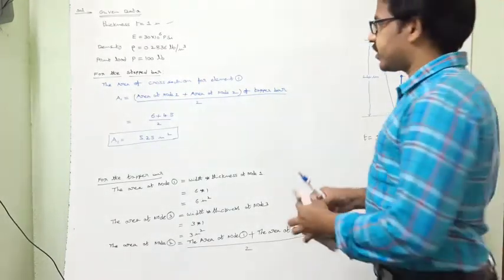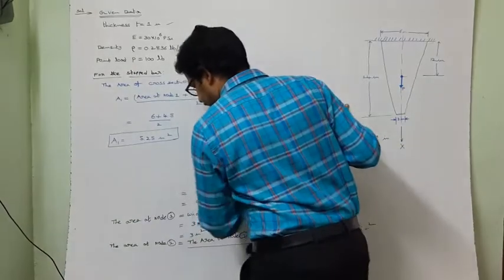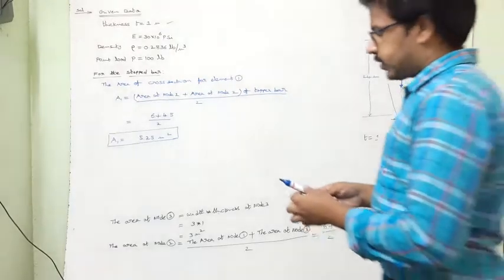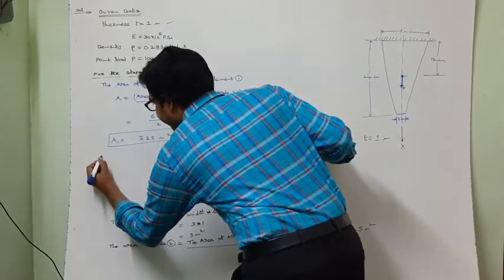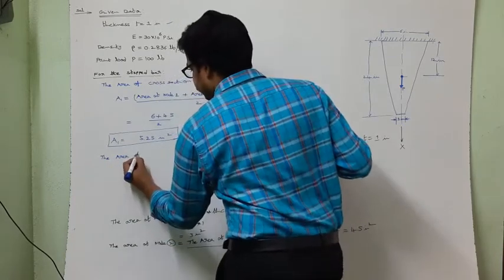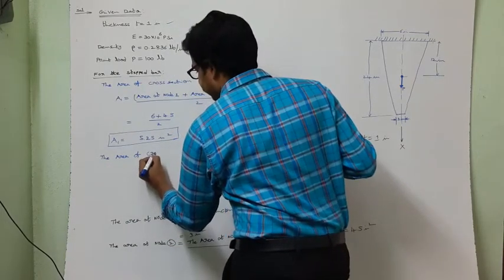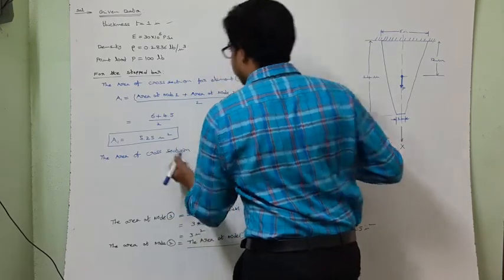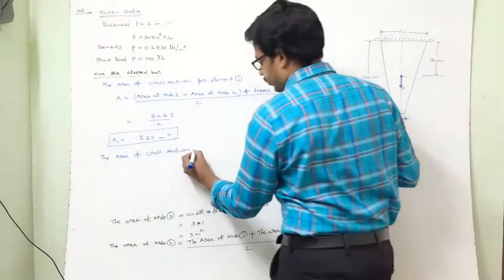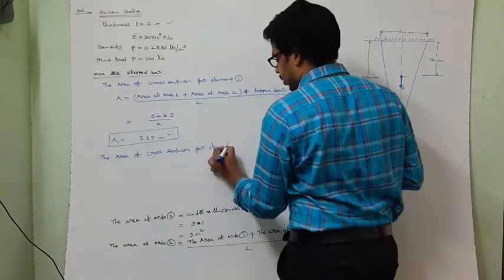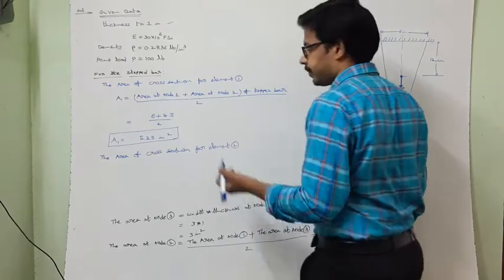the area of cross section for element 2, A2.